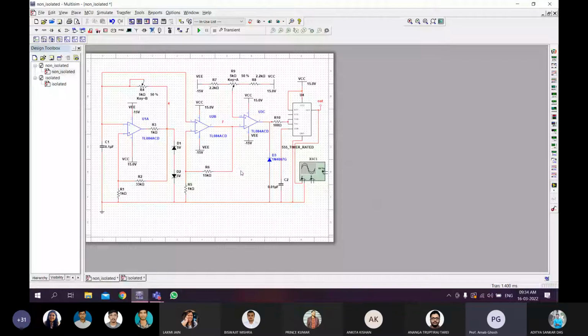Aditya, can you please tell me what is the purpose of this R4 resistor? Do you perform the simulation by yourself or do you take help from your friends? No, sir. Myself, sir. Okay, so now tell me what is the purpose of this R4?